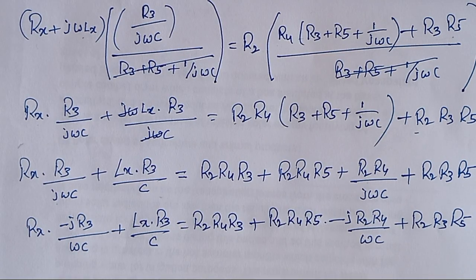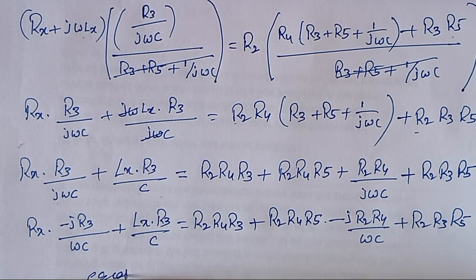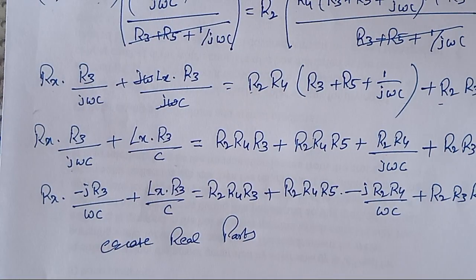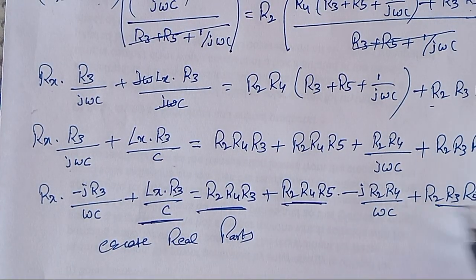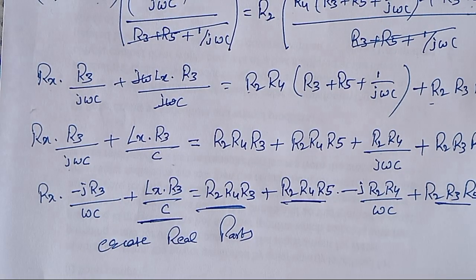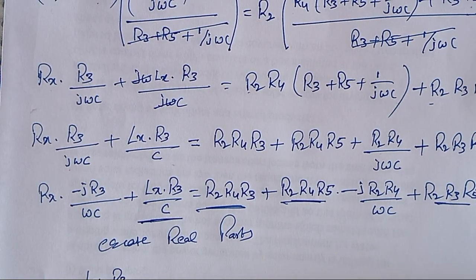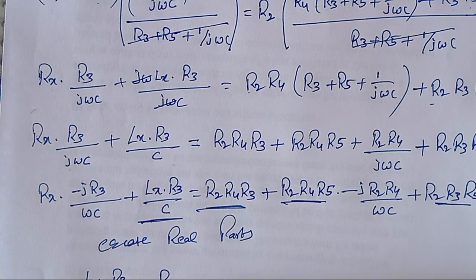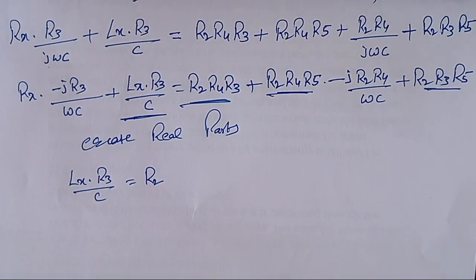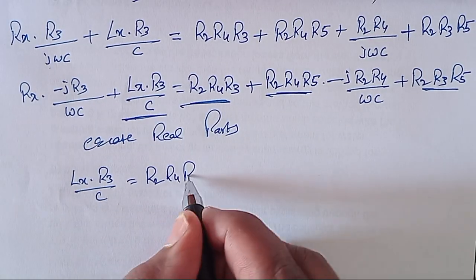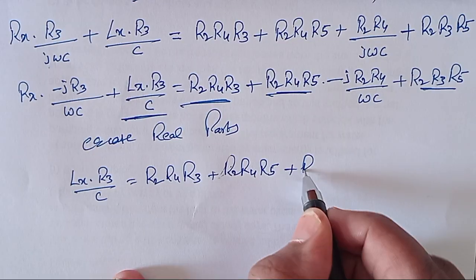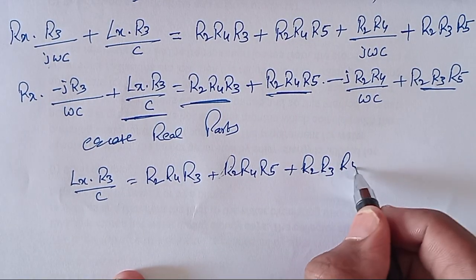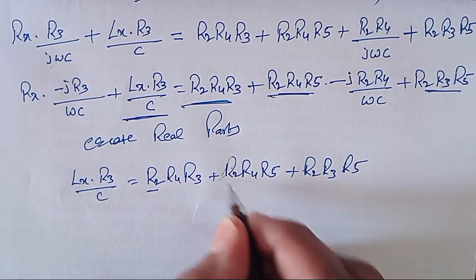Now I'm equating real parts. Just by equating real parts on both sides, the LHS real part is Lx into R3 by C, equal to R2 R4 R3 plus R2 R4 R5 plus R2 R3 R5. And here R2 is the common term from all.